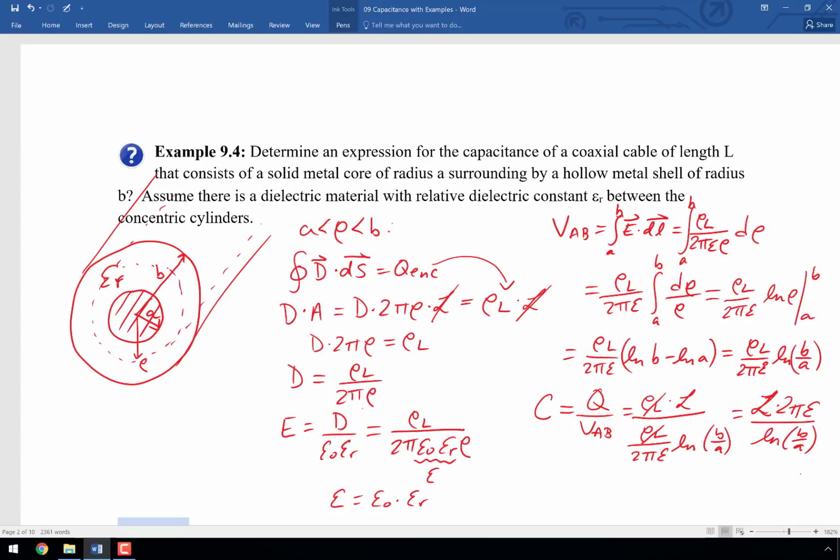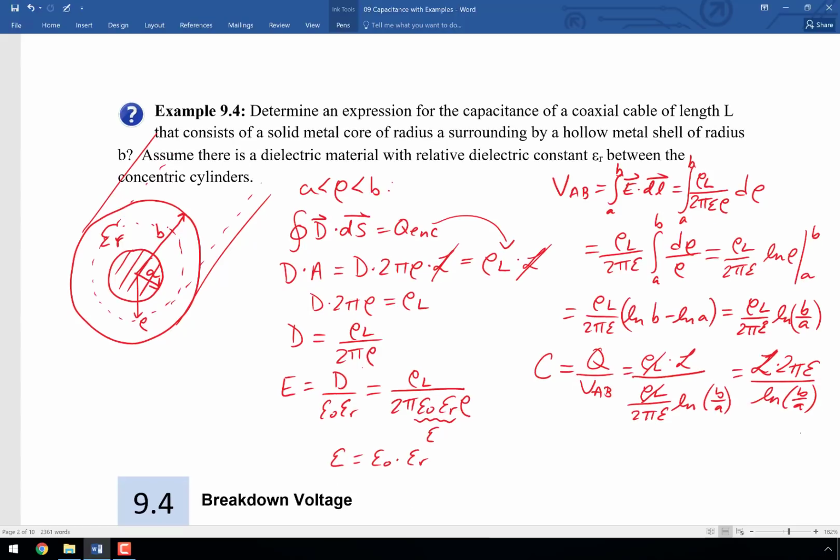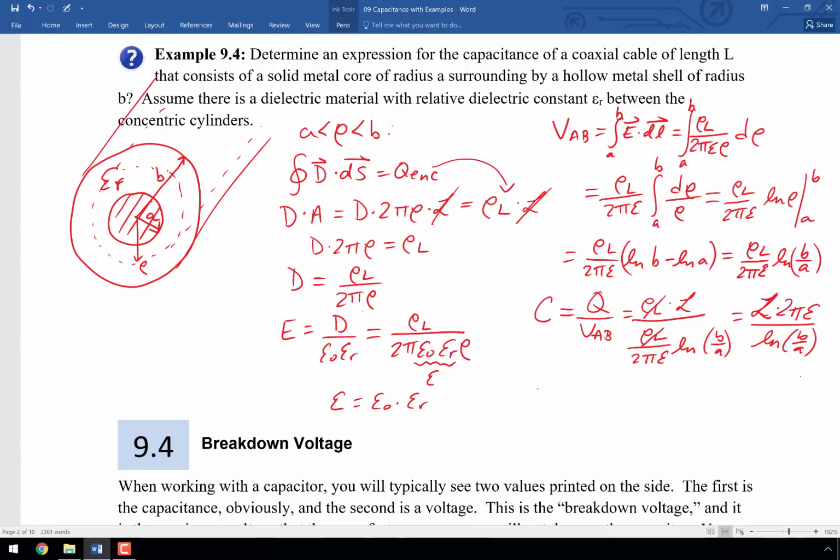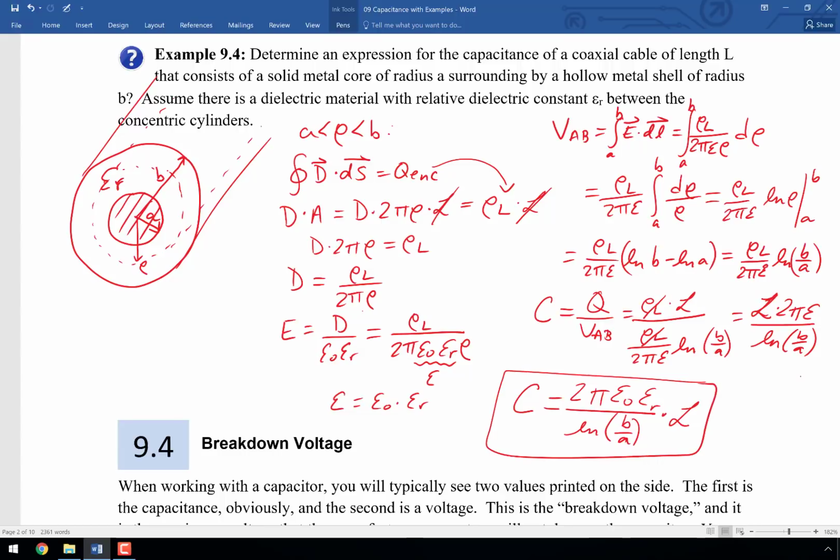Just double checking that that's the same answer. Yep, and then let me just give you one more real nice version of that. C is equal to 2 pi times epsilon 0 times epsilon r divided by the natural log of B divided by A, multiplied by L. There will come some times in this class that we're going to want to know the capacitance per unit length.